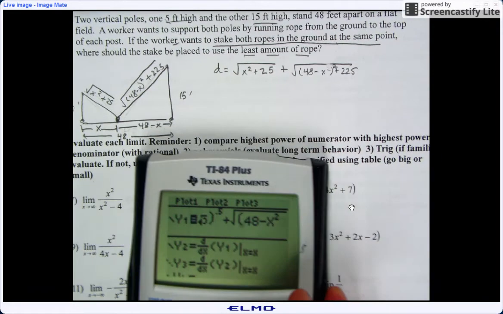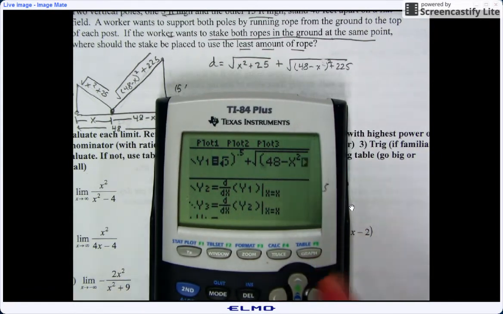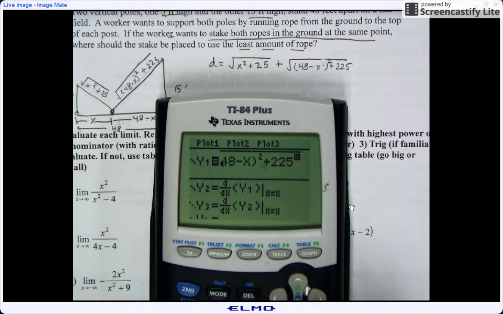Okay. No edits. That's what we get. Okay, 48 minus x squared plus 225. And just make sure that you have everything under there that needs to be under there.